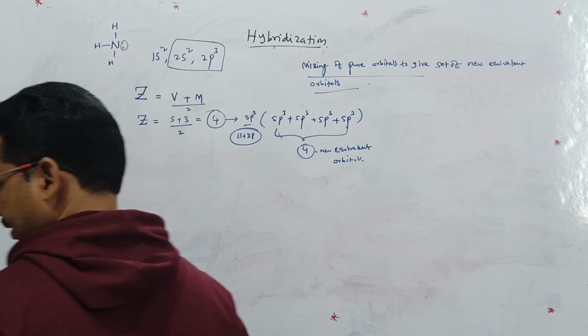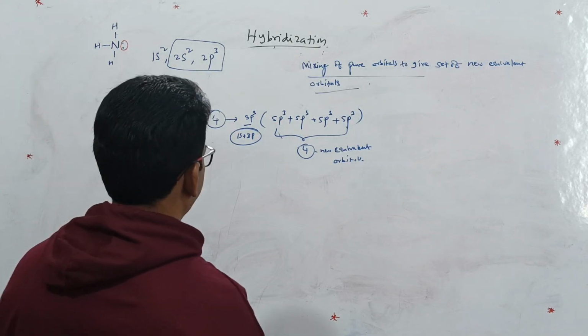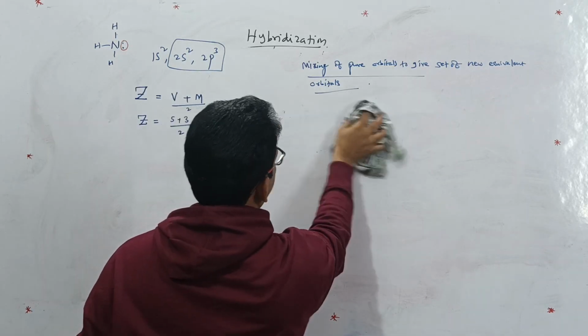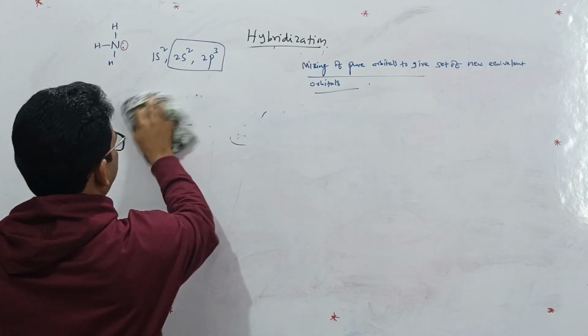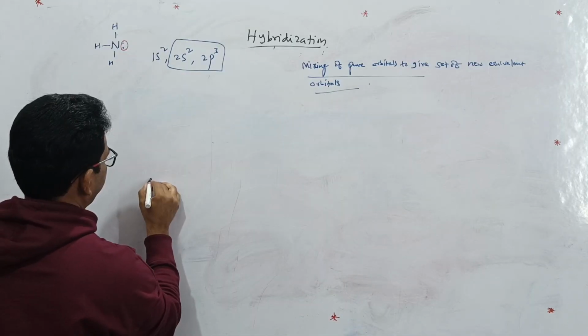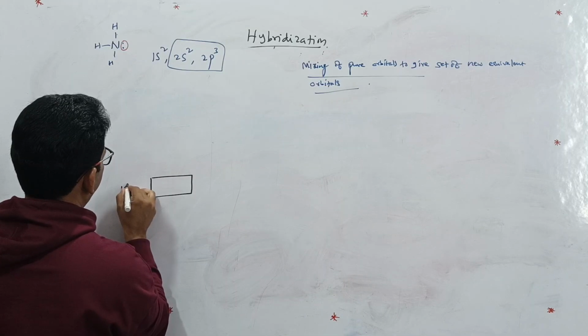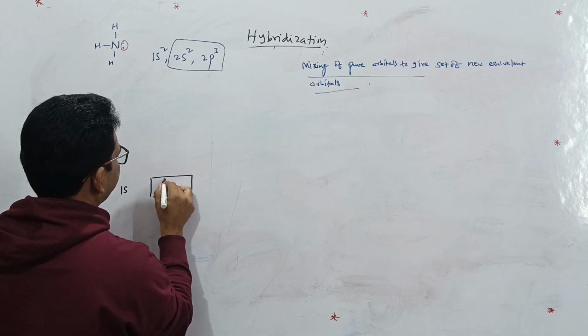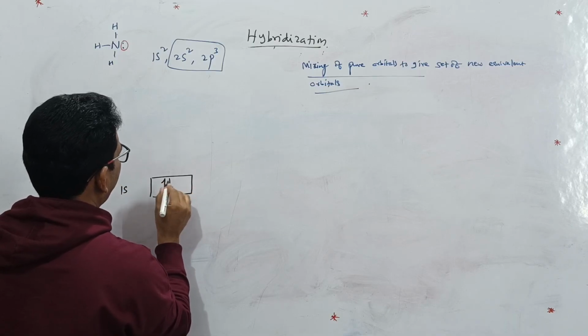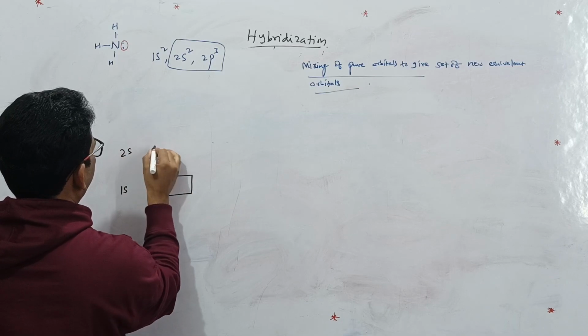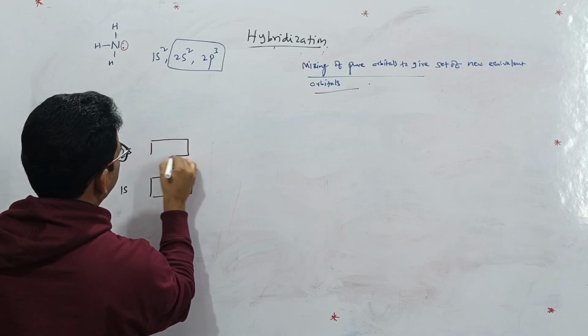Now I will go for the ground state and the hybridized state, and write exactly how it will be for ammonia. This is the 1s state, with 2 filled electrons. The 2s also has filled electrons.